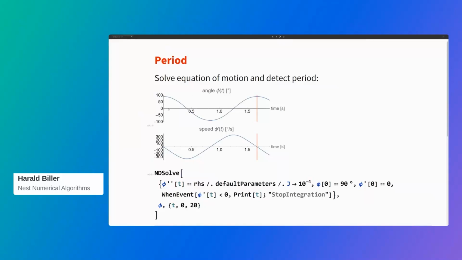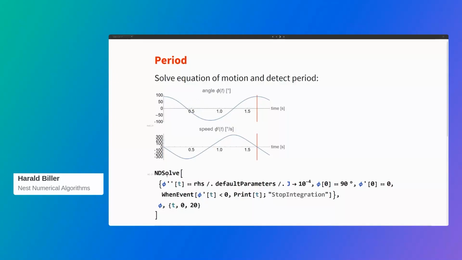So what's that? That can be solved. I already plotted the numerical solution here. I start from a certain angle at speed 0. And then I follow that over time, and the period ends when the speed crosses 0 again.